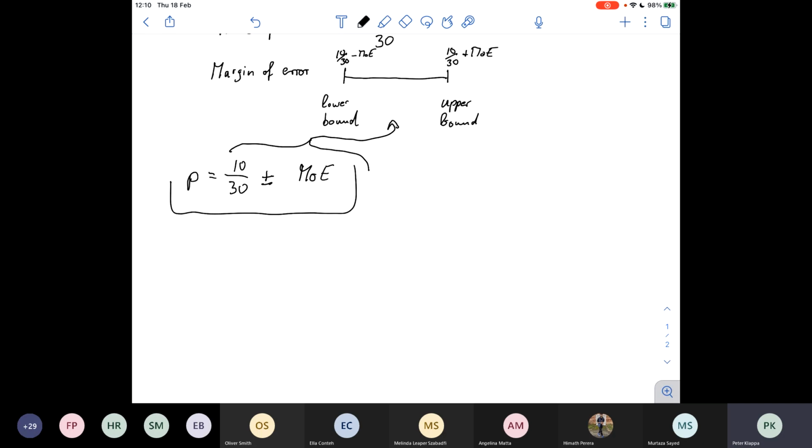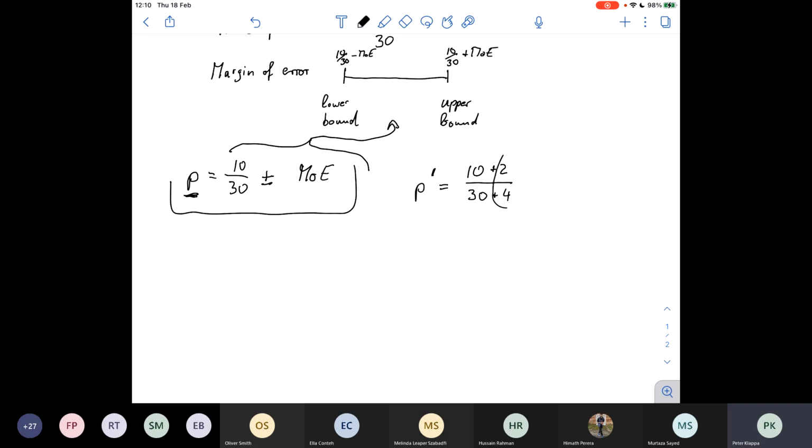Now, I told you that for technical reasons, usually people don't work with this P, and instead they work with what is called P prime, where we simply add some numbers. Some people might think they're random numbers, but it just simply works. P prime is simply 10, what we had, plus 2, divided by 30 plus 4.